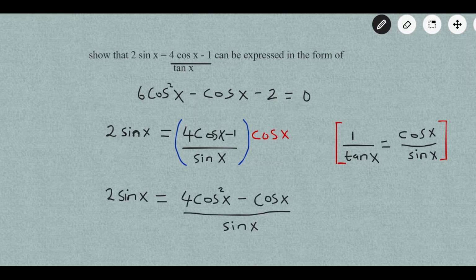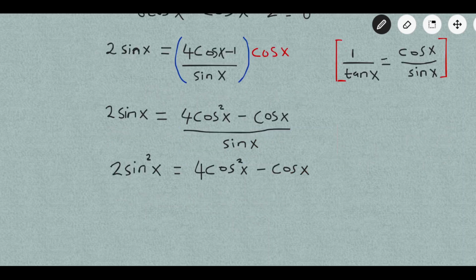Now I have to cross multiply so that I will have 2 sine squared x on the left hand side. After cross multiplying, we have 2 sine squared x equals 4 cos squared x minus cos x.